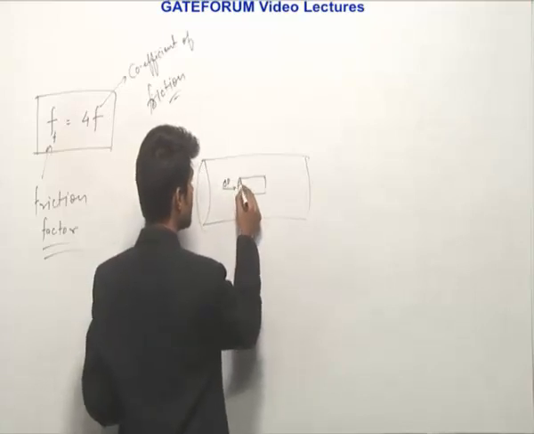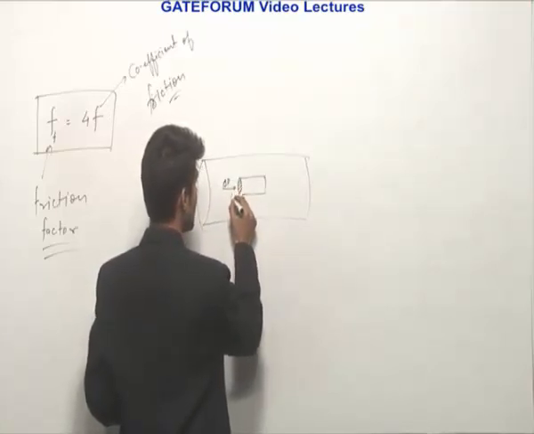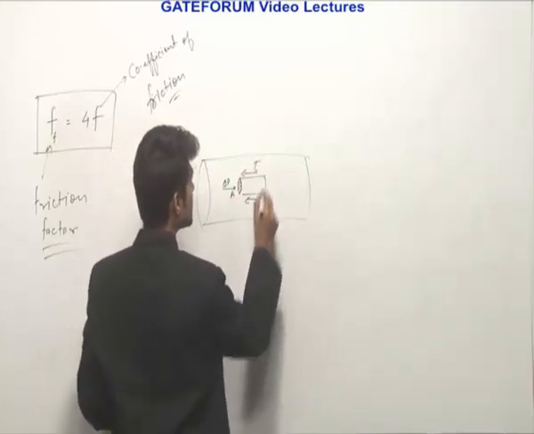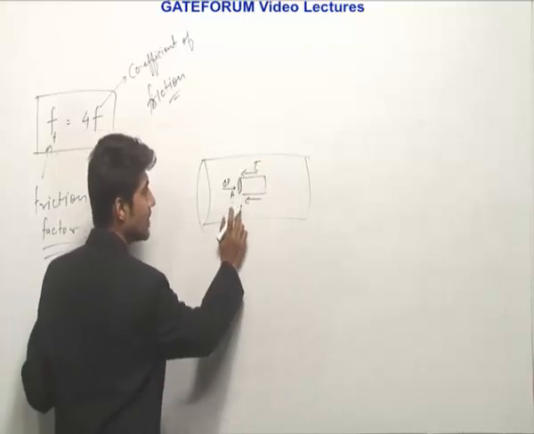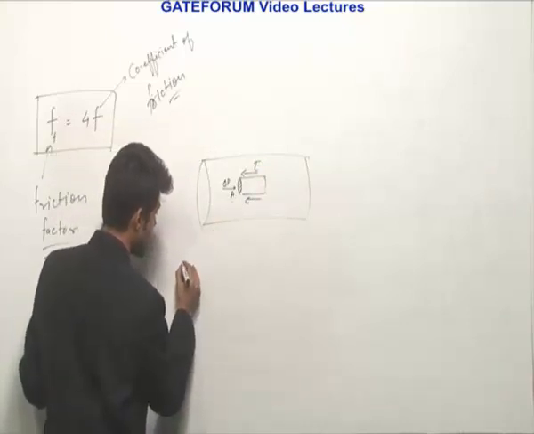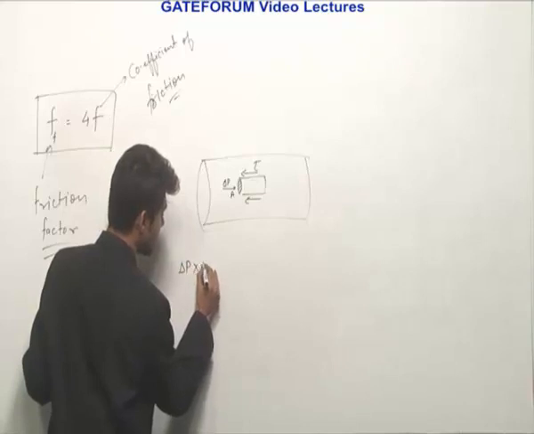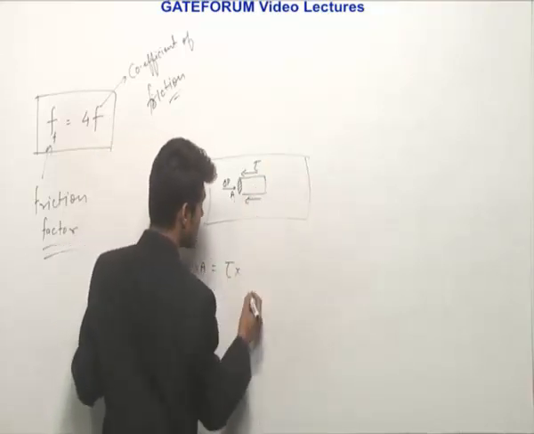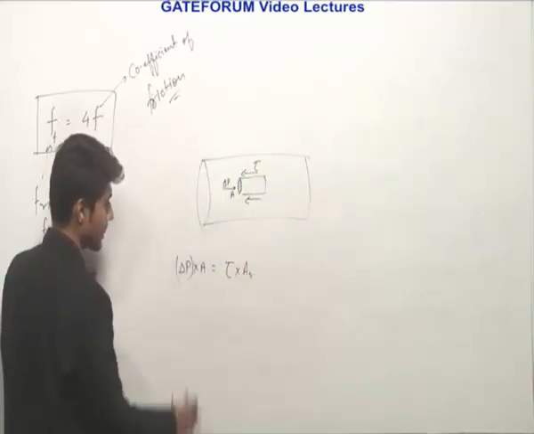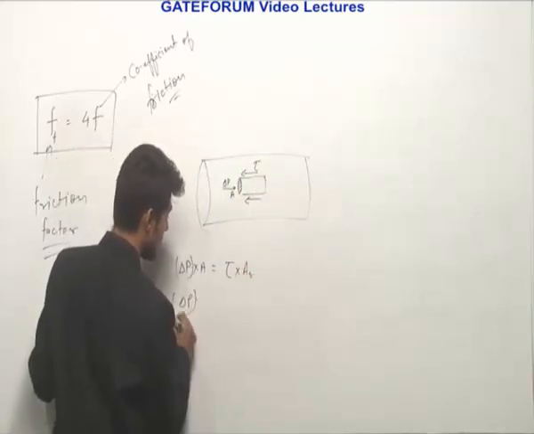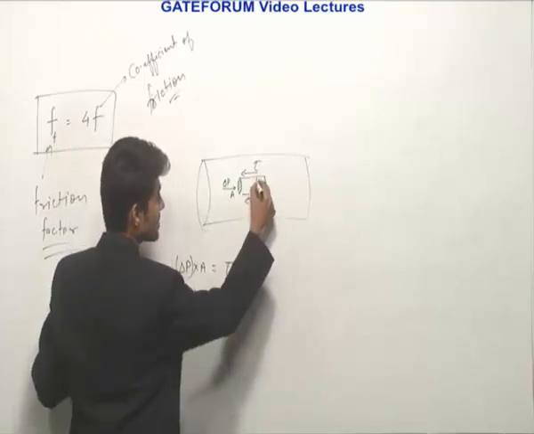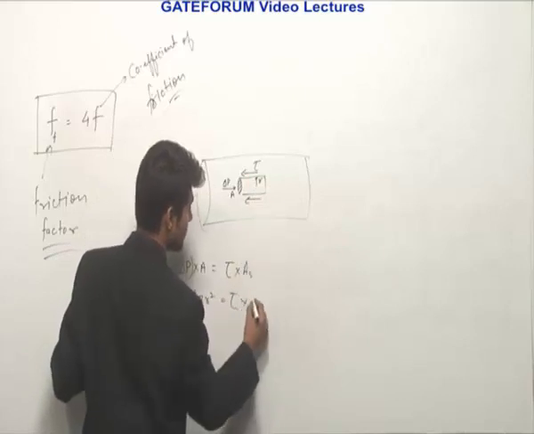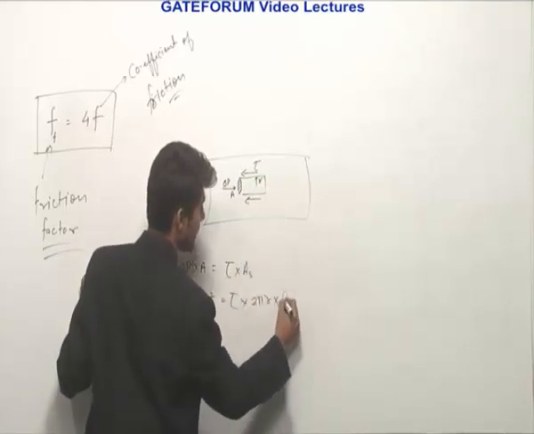So this pressure difference will be acting on area A, and on the wall of this liquid there will be shear stress acting, and it is in equilibrium right now, so I can write delta P multiplied by area A is equal to tau into the surface area. Delta P into area can be written as pi r square, if radius is r, equal to tau into the surface area, that will be 2 pi r multiplied by L length.